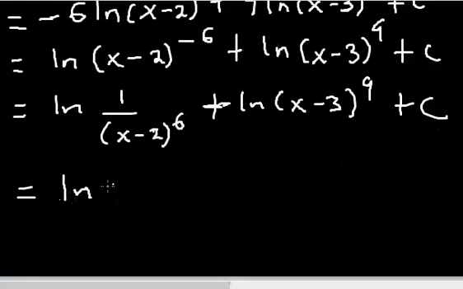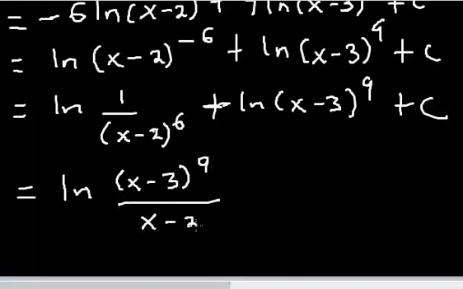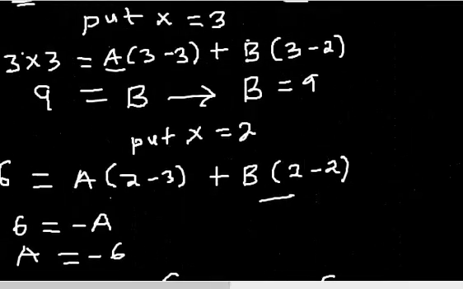So this is ln of (x minus 3) all raised to the power of 9 divided by (x minus 2) all raised to the power of 6, then plus c. Okay, that is my final answer.